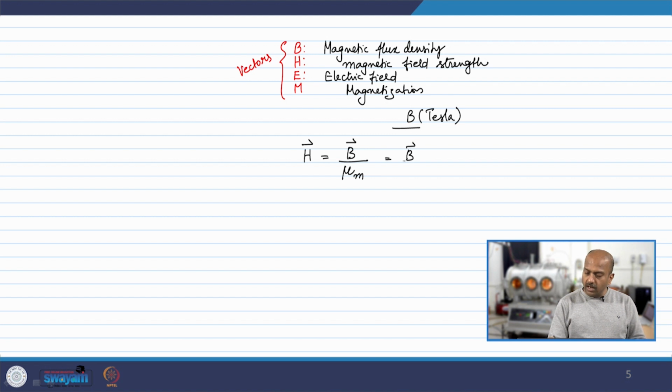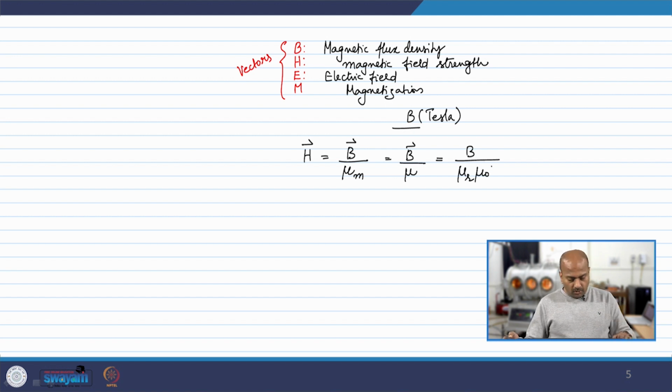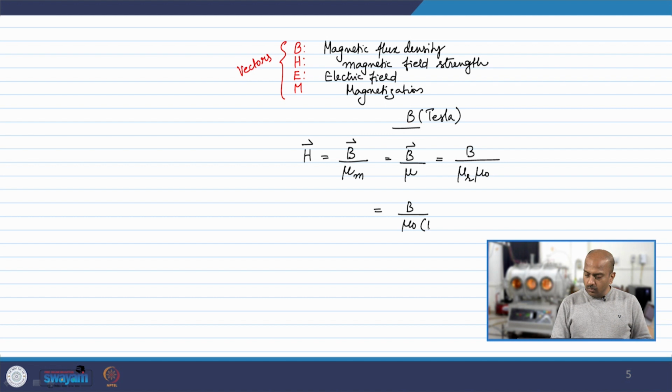So, generally we write it as B by mu, or B by mu r times mu naught, which is equal to B by mu naught into (1 plus chi). What is chi? Chi is the susceptibility of the medium, right.